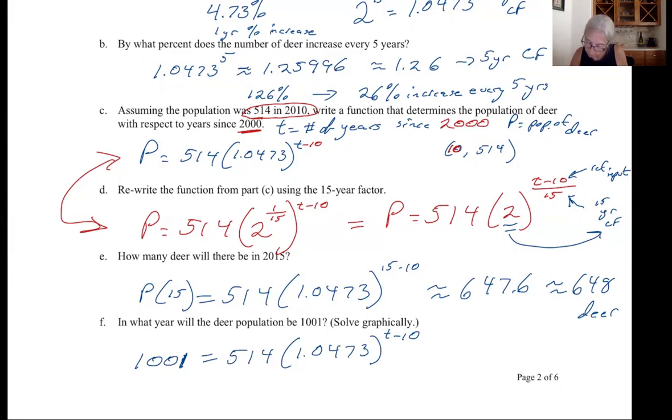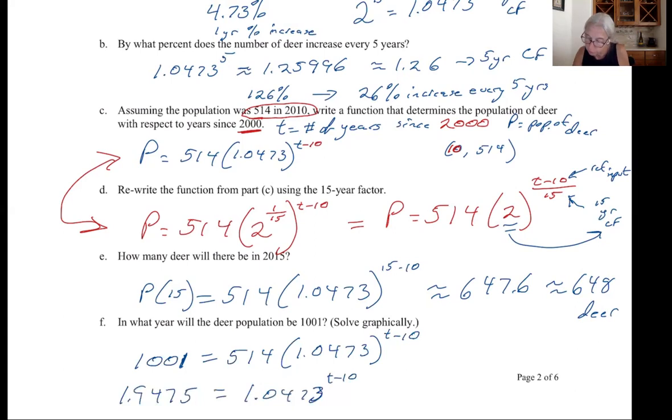So I'm going to type in here y equals 1001. Actually, in order to keep my numbers smaller, the first thing I'm going to do is divide 1001 by 514. So I'll have 1001 divided by 514. And that gives me 1.9475, let's say, equals 1.0473 raised to the t minus 10 power.